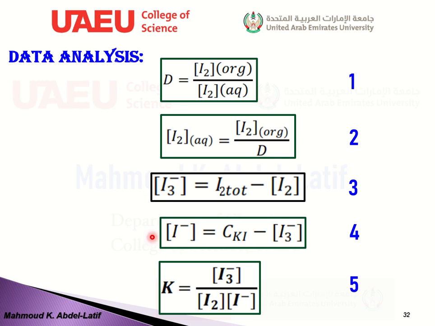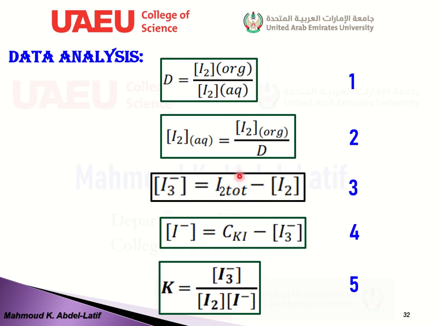In data analysis, from the first part, you determine this one. From the second part, this one, you got it from here. You can calculate the concentration of iodine in the aqueous one. The third equation, you can determine the triiodide.